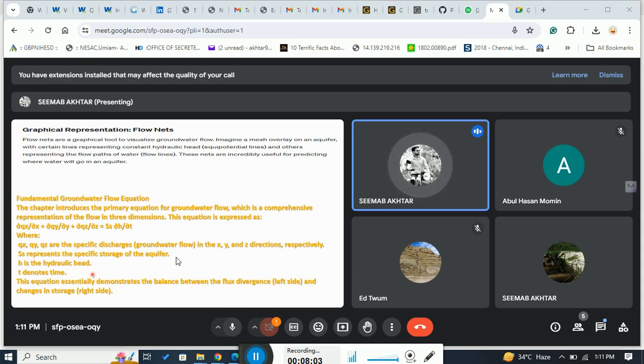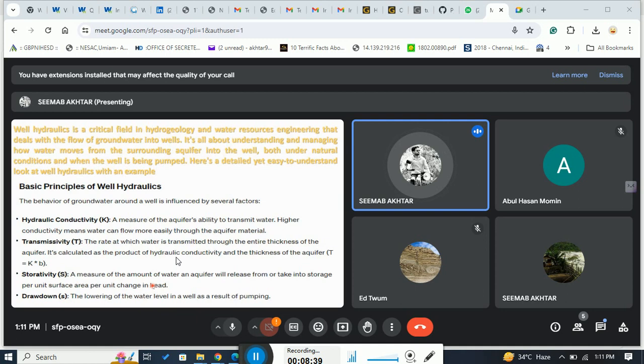This equation is expressed as ∂qx/∂x + ∂qy/∂y + ∂qz/∂z = Ss ∂h/∂t, where qx, qy, qz are the specific discharge of groundwater flow in the x, y, z direction respectively, Ss represents the specific storage of the aquifer, h is the hydraulic head, and t denotes the time. This equation essentially demonstrates the balance between the flux divergence, left side, and the change in storage, right side.